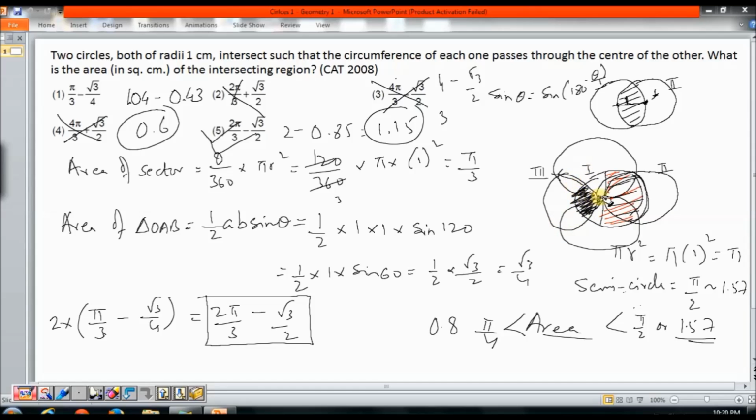Since the area being captured is more than the area of a quadrant, that is why we are getting some part which is common. So the area that we are looking for should be more than pi by 4 or 1/4 of the circle, which comes out to be pi by 4. I hope this concept is clear.